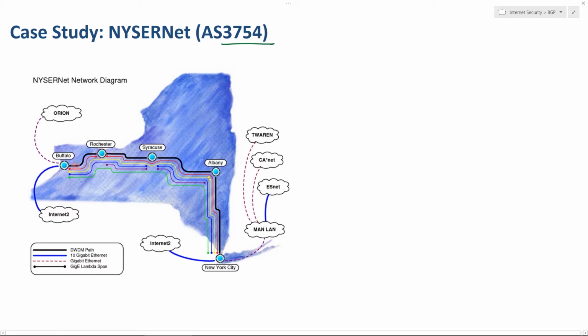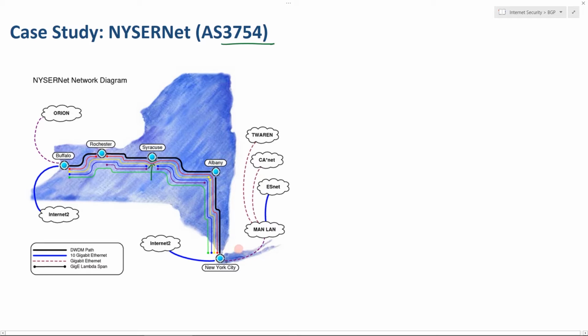And so you can see its cables run from Buffalo to Rochester, Syracuse, and Albany, and then down to New York City. And so Syracuse connects to this autonomous system here because it passes through Syracuse.